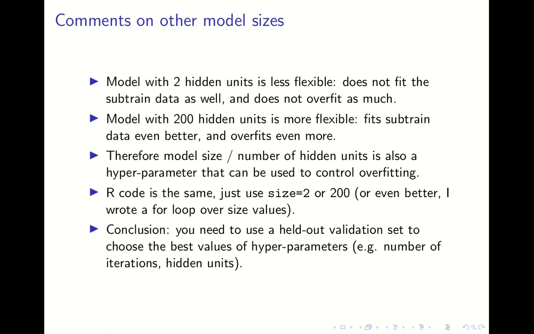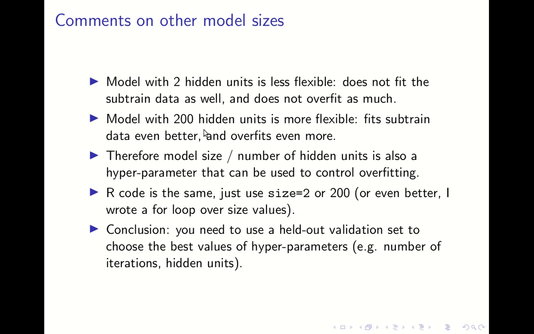So, some final comments about this section. I've shown you models of 3 different sizes of hidden units. The first one we saw was the model with 20 hidden units. The model with 2 hidden units is less flexible. It does not fit the subtrain data as well, and it does not overfit as much.